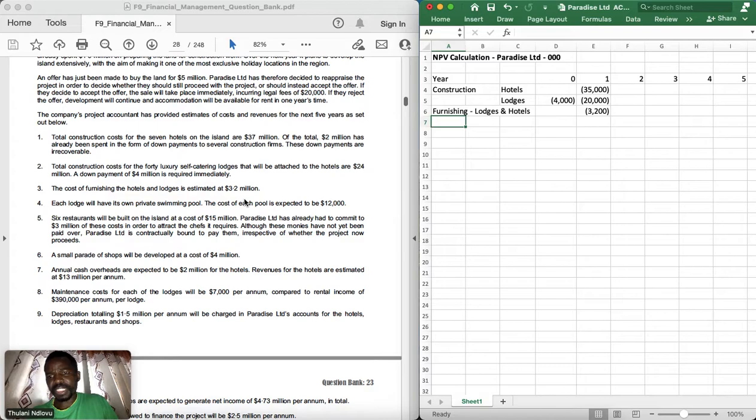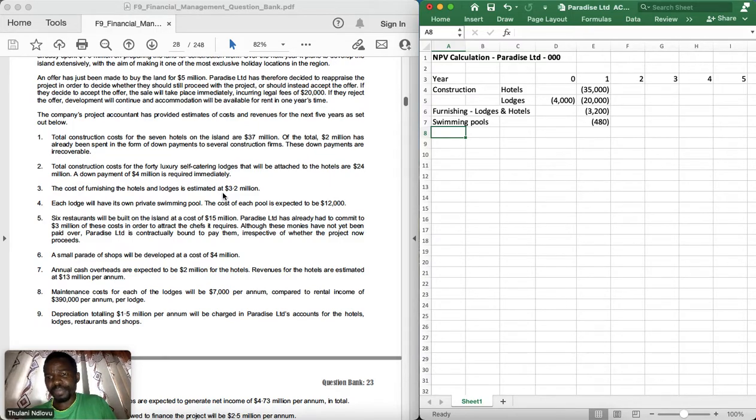Then in note number 4, each lodge will have its own private swimming pool. The cost of the pool is expected to be 12,000. So swimming pools is minus 12, because we are working in thousands. How many lodges are there? We are constructing, as in note number 2, 40. So it's 12 by 40, it's 480. It's a cost.